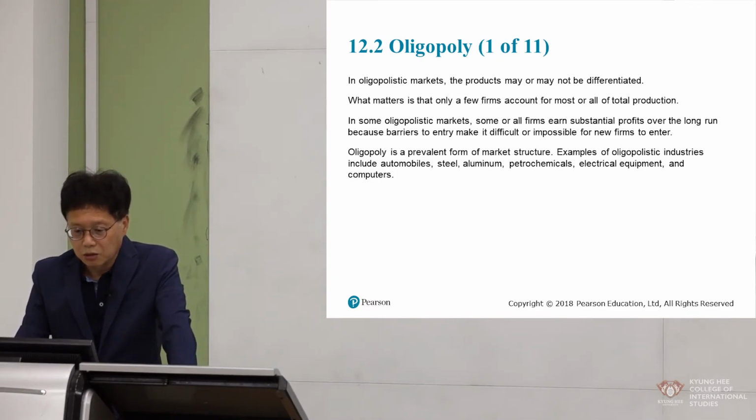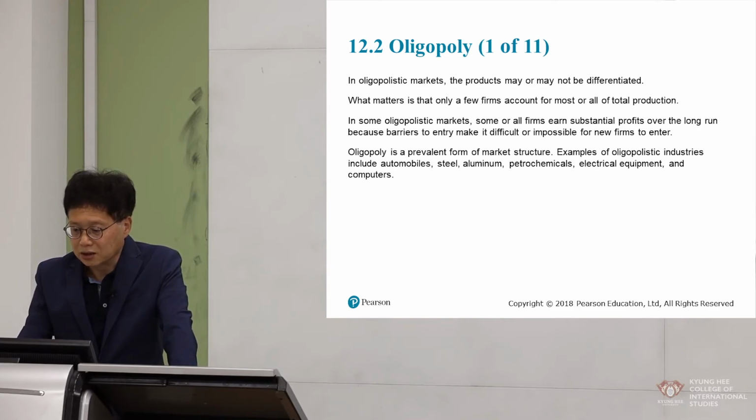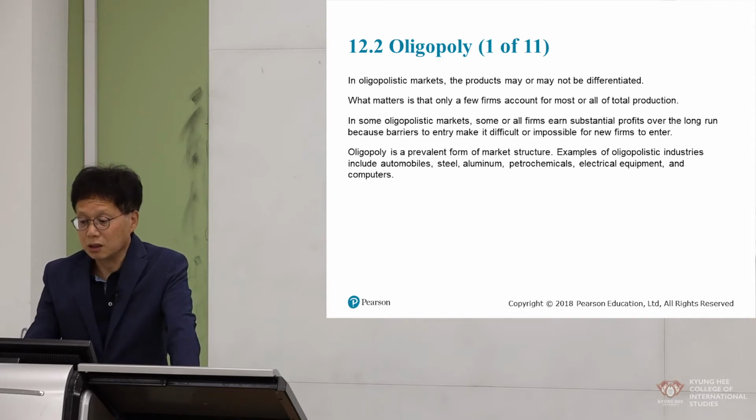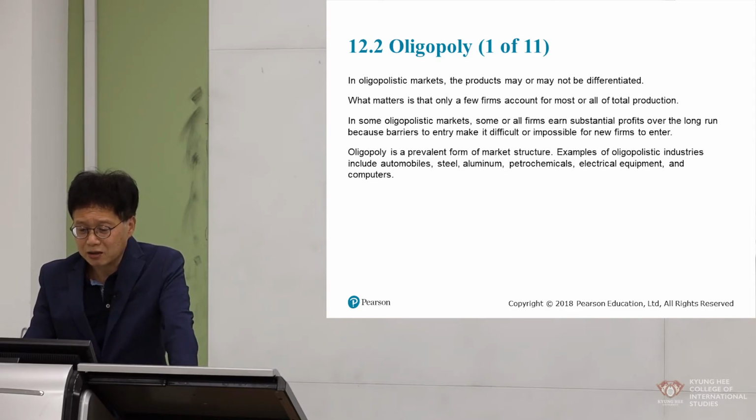Oligopoly. In an oligopolistic market, the products may or may not be differentiated. What matters is that only a few firms account for most or all of total production. The most important feature of oligopoly is that the number of firms is limited.